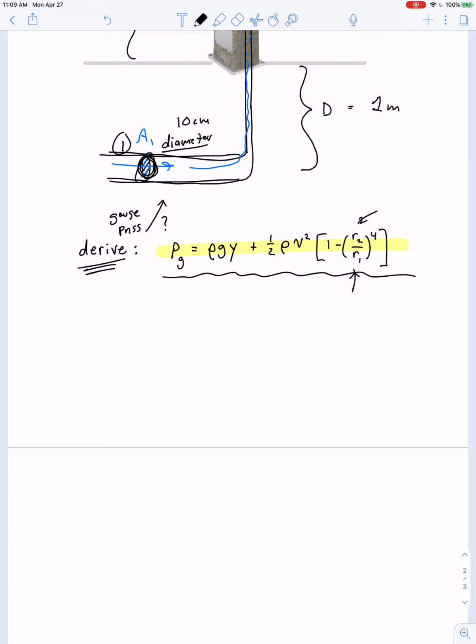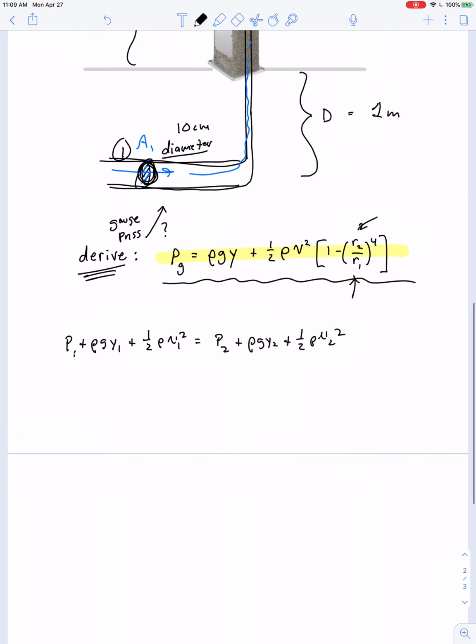So again, starting with Bernoulli's equation, P1 plus rho g y1 plus 1/2 rho v1 squared equals P2 plus rho g y2 plus 1/2 rho v2 squared.